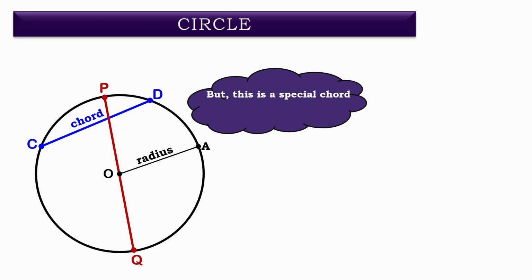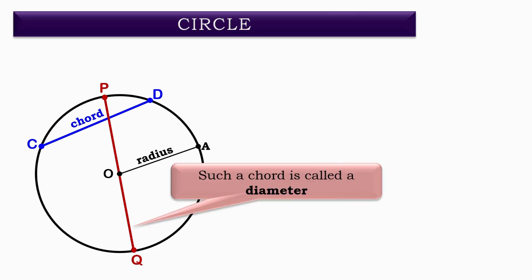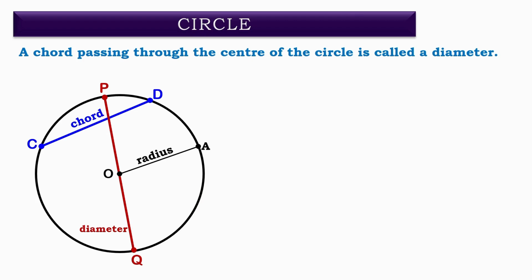What is this special type of chord called? That is called a diameter. If we go with the definition, a diameter is a special type of chord which passes through the center. So a chord passing through the center of the circle is called a diameter.